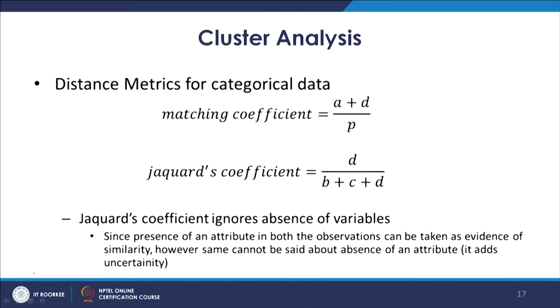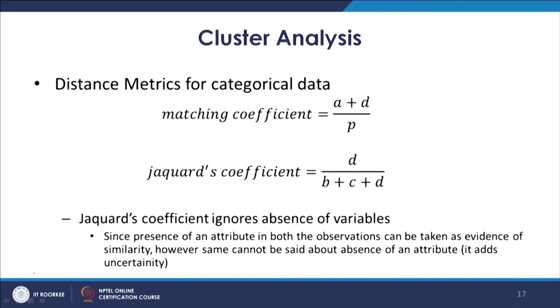In the numerator we are just left with D, the number of attributes which are present in both the observations, and in the denominator we have just B plus C plus D, and therefore we get a ratio value which indicates the similarity between two observations. The same point is mentioned in this slide, that Jaccard's coefficient ignores absence of variables.